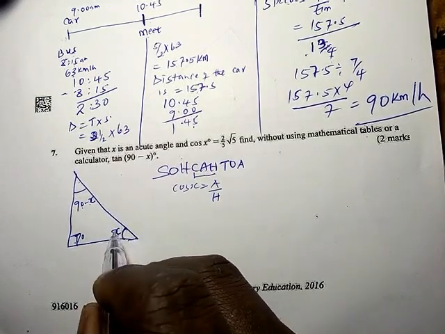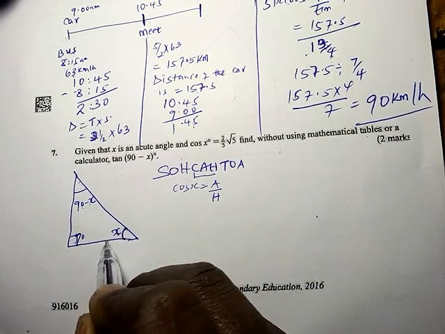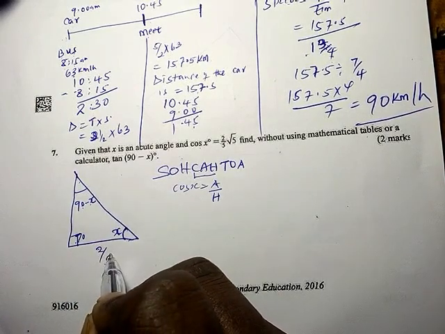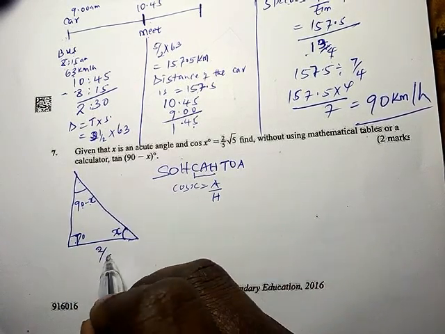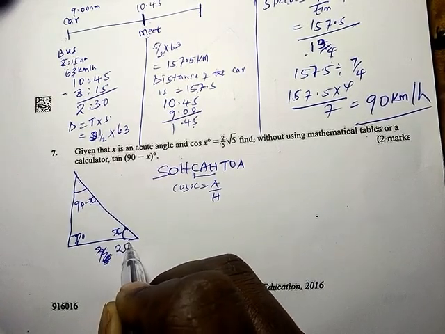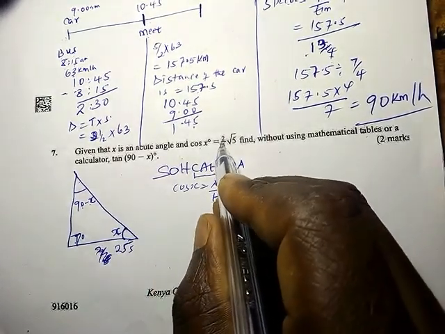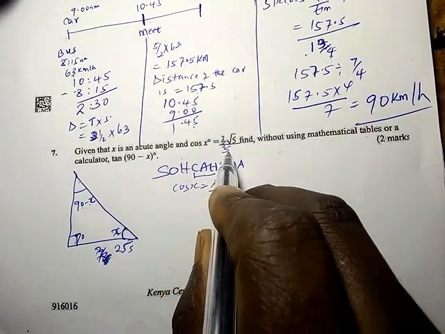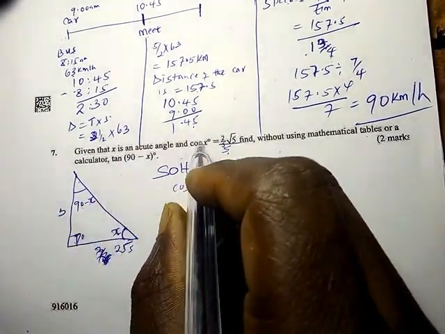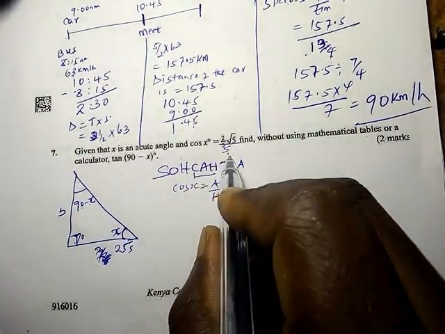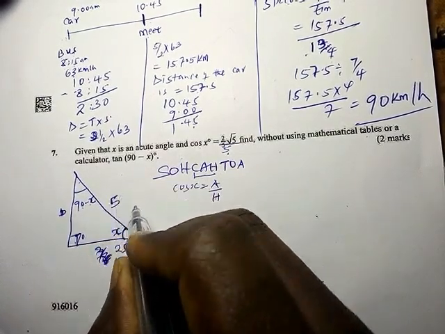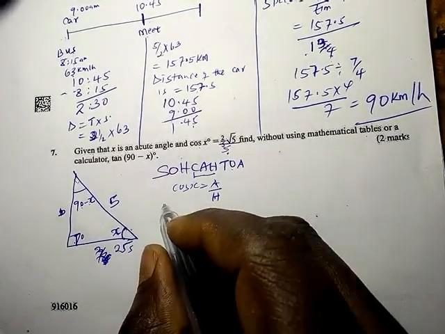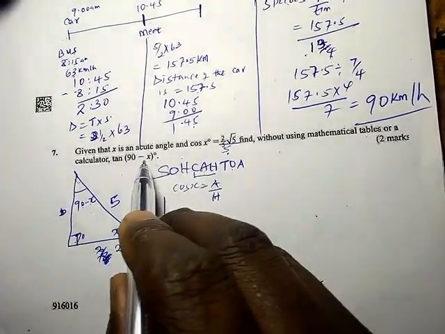So if we have x here, the adjacent of x is here, which is 2 root 5 over 5. The hypotenuse is this one, that is 5. Right? So what we now want is the tan of this.